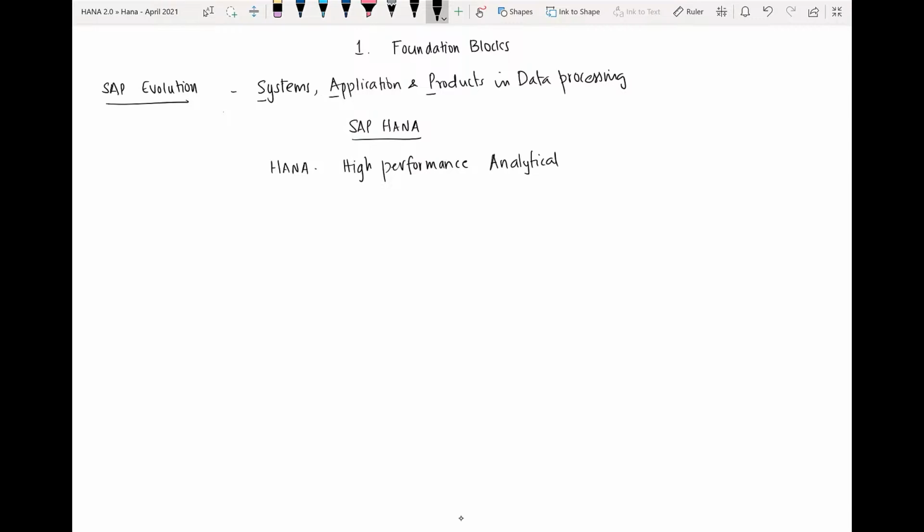This used to be the acronym for SAP HANA. H, A-N, and A made it SAP HANA, but we no longer use this as an acronym. SAP HANA has become so popular that it has just evolved into a product. It is no longer an acronym.